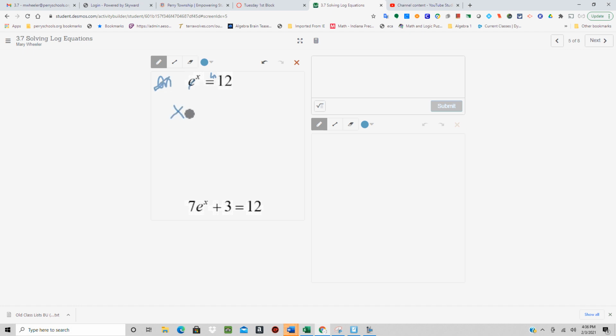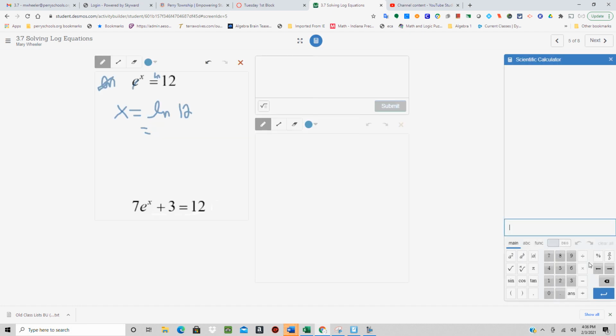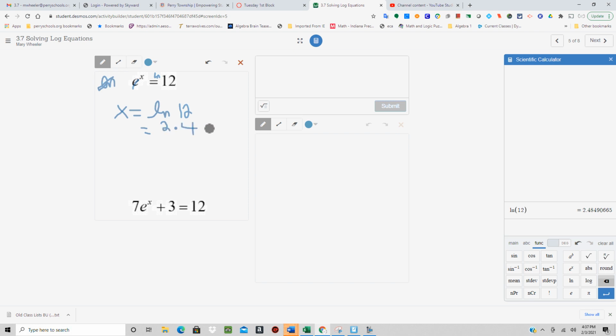So x equals the natural log of 12. And again, I would need a calculator on this. The natural log of 12 is 2.48.